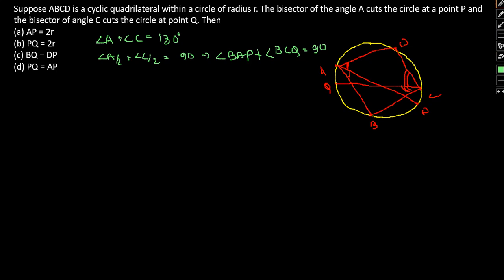Okay, so let me join a few lines over here. Say I'm joining this thing. Let me join BP as well. Okay, let me join this line also. Yeah, all the points are joined.